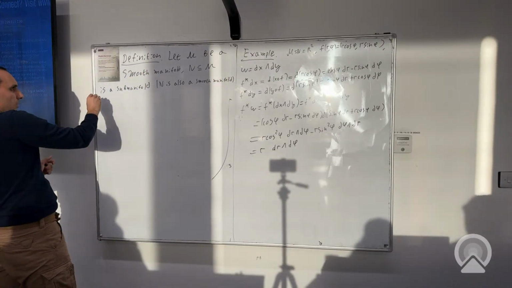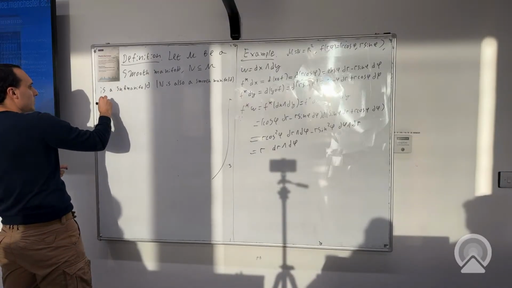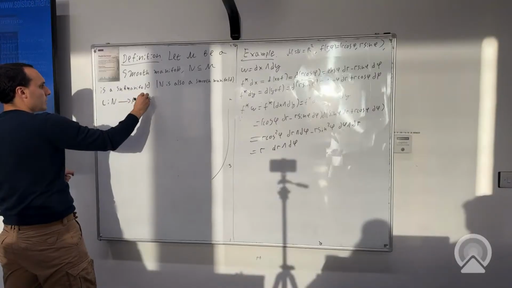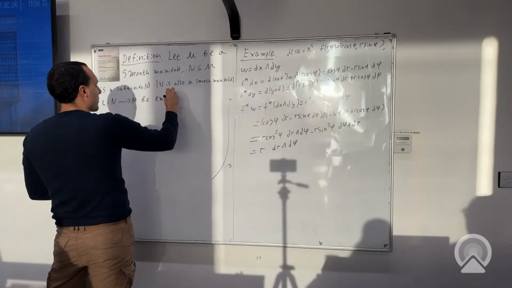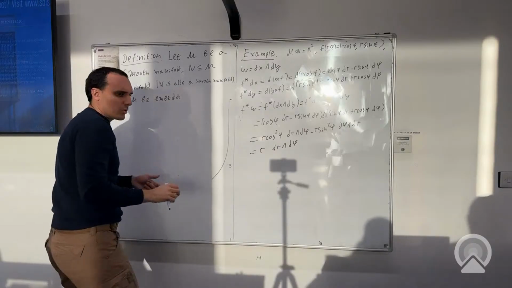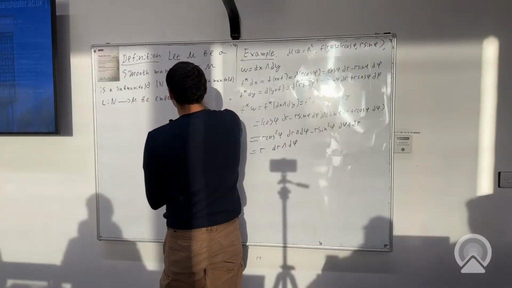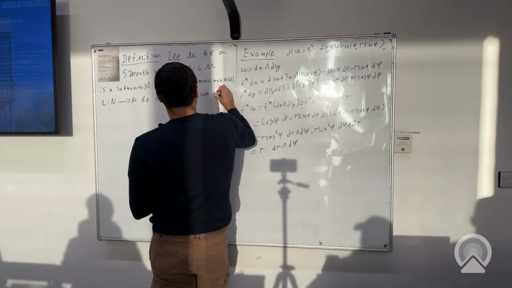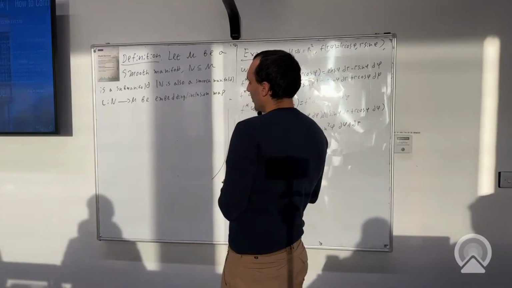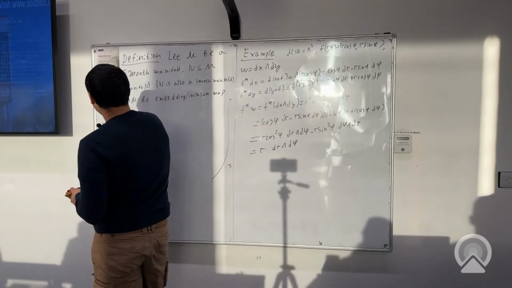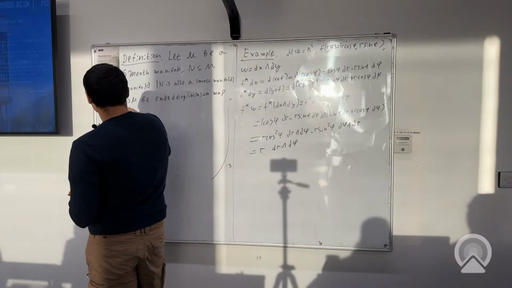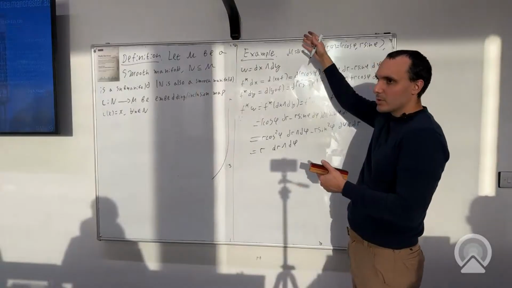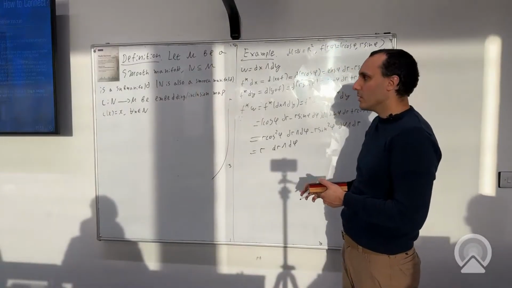And let iota from N to M be the embedding, the inclusion map. Because it's a subset, you can map any point to itself. So iota of x equals x for any x in N. So we have a subset mapped to the superset, and any point stays the same.